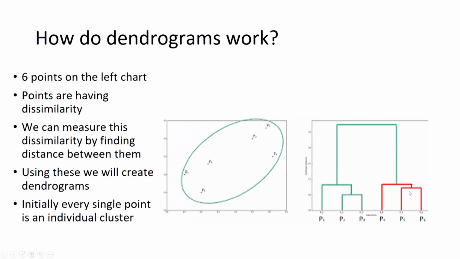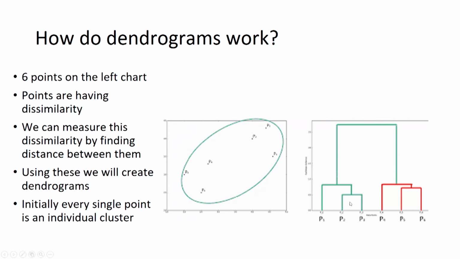Then this is the next highest distance. After that the closest two clusters were these, and that is why these are merged together, and then this is the next highest distance.